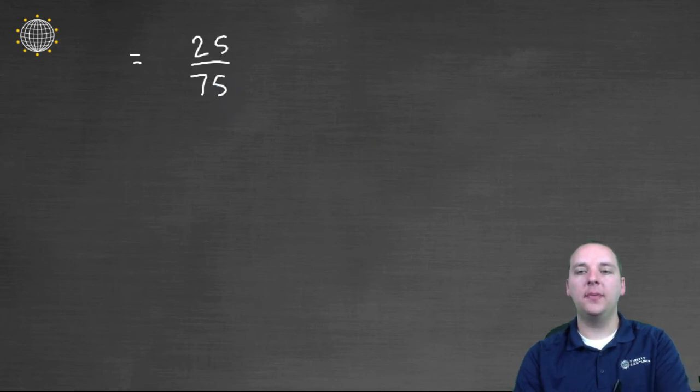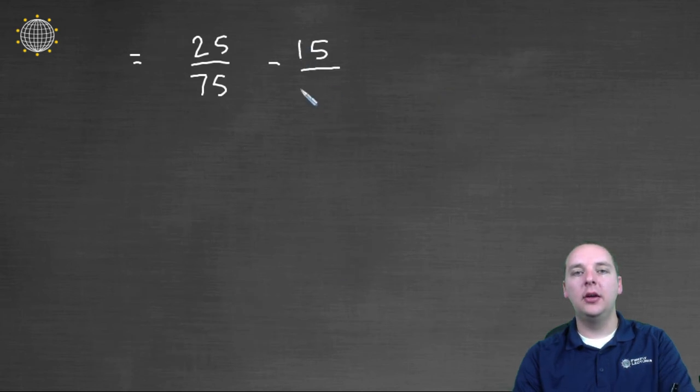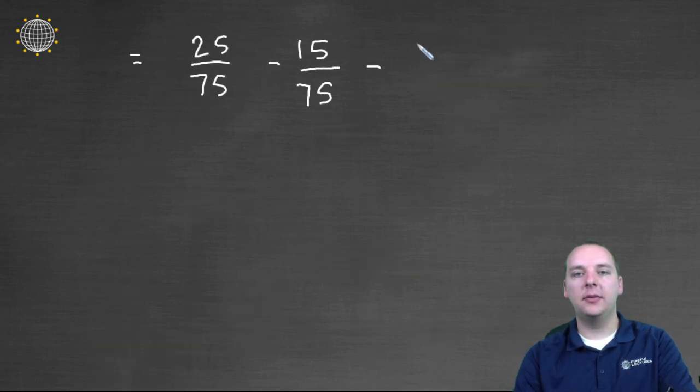That's a third. And then minus, what was this? 1/5. I'm sorry, 15 over 75. That's a fifth. And then minus 6 over 75.